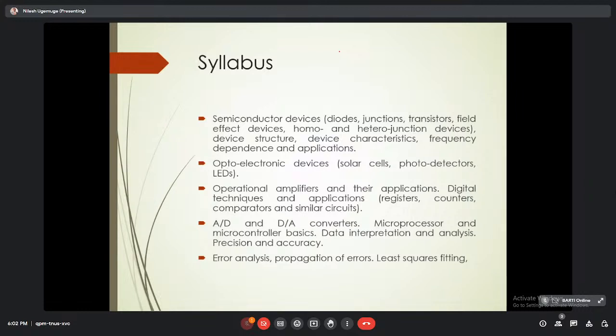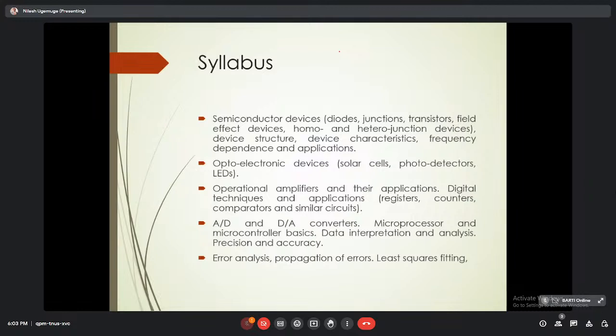We discussed how a diode plays a major role in the process of rectification, and how rectifiers are used for electronic devices. Without a rectifier we cannot use electronic devices like a computer, television or radio. There are so many devices we cannot imagine without power supply, and in power supply the diode plays a very vital role.